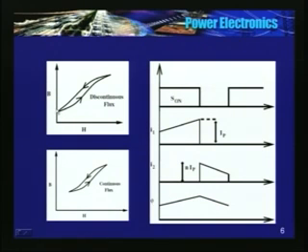Instead of this, I can have a situation wherein the secondary current is finite prior to closing the switch. So when I close the switch, the equivalent current starts flowing from the primary and starts increasing. I open the switch, the current starts decreasing and reaches the same point. It doesn't cut the y-axis. Mind you, this is the residual flux point. In other words, some DC flux is there in the core.